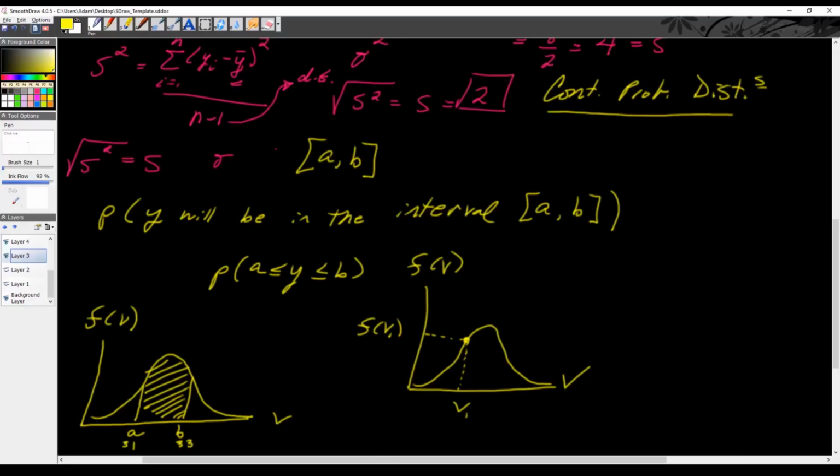So the height of this curve at any given point on the real line, which is the horizontal axis, represents the probability. It's really a relative probability that y will be in a small interval of numbers around this point, v sub 1.